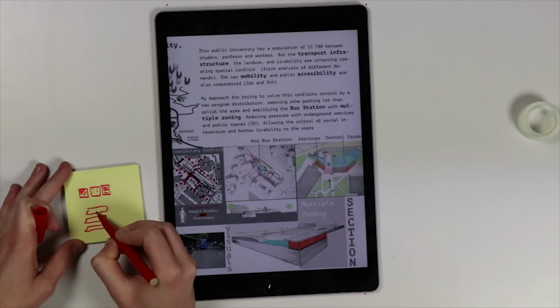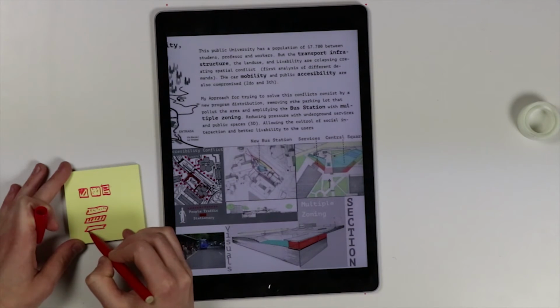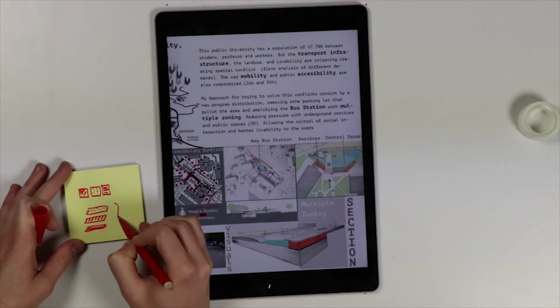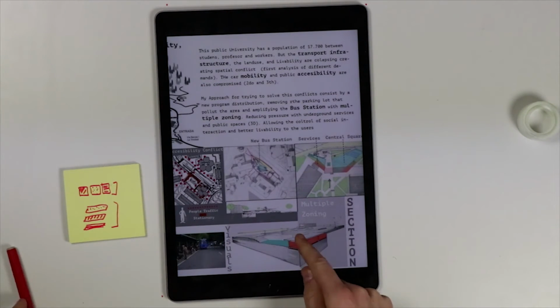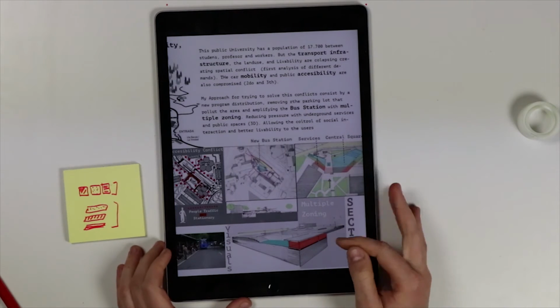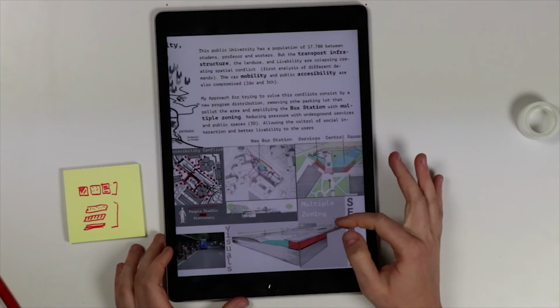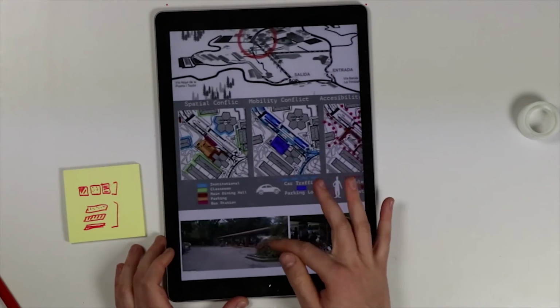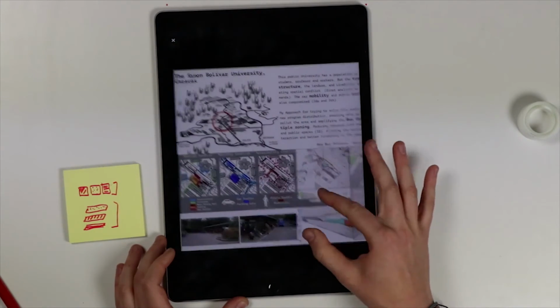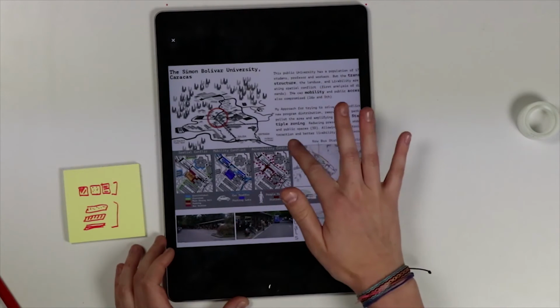On the top floor we have a public area, and then below we have bus stops and parking. So these are two kinds of zoning. In this example, it's drawn in a 3D visual, which makes it quite clear. And there are also some pictures to show how it's going to look or the current situation.